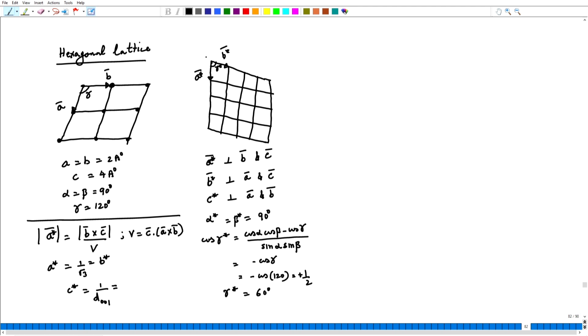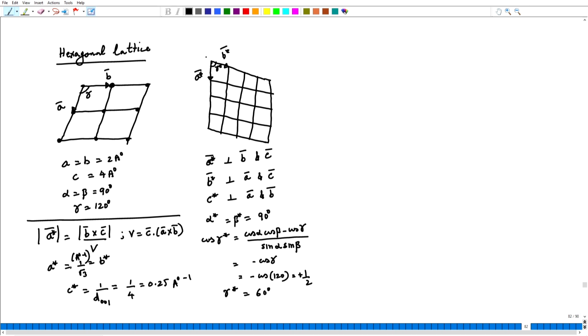It is nothing but 4 angstroms, which is basically the value of the C axis. So, 1 upon 4, and that is 0.25 angstrom inverse, and here also the units are angstrom inverse.